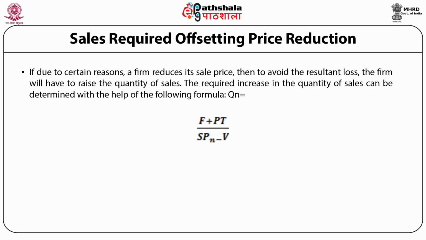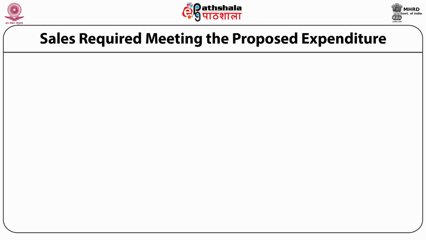That is, here we calculate the required quantity, which is equal to fixed cost plus profit divided by new selling price minus variable cost.